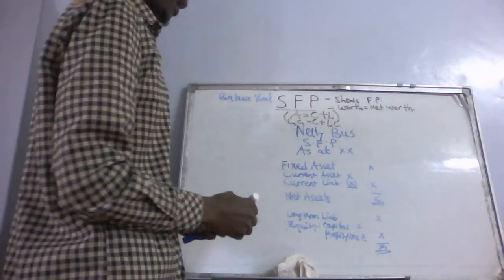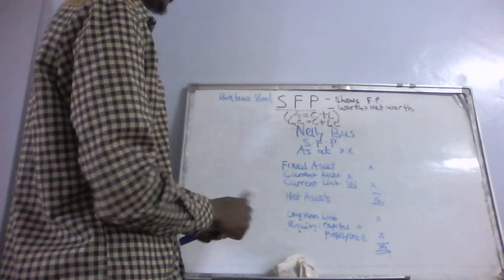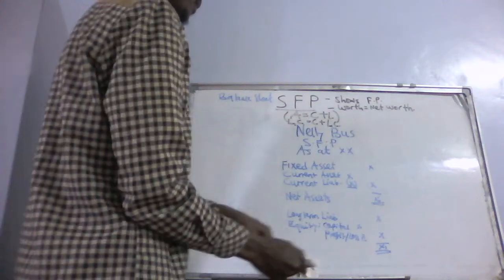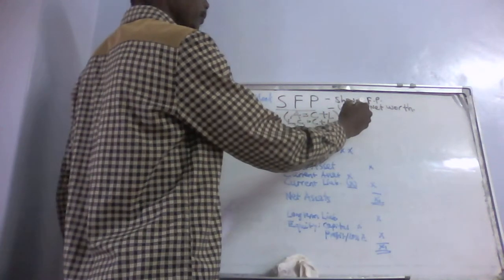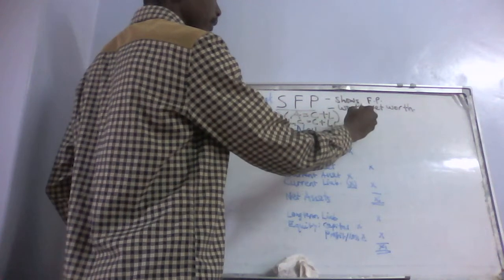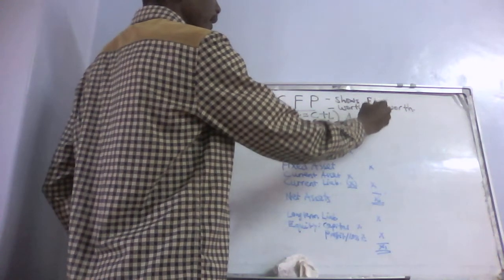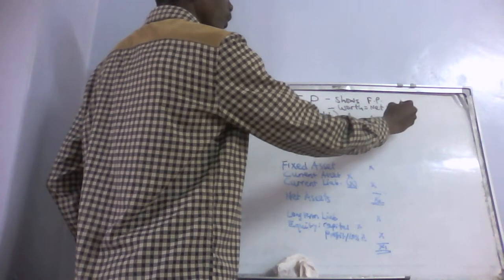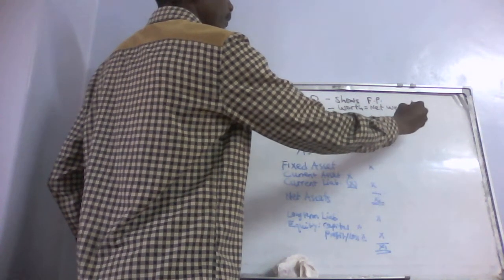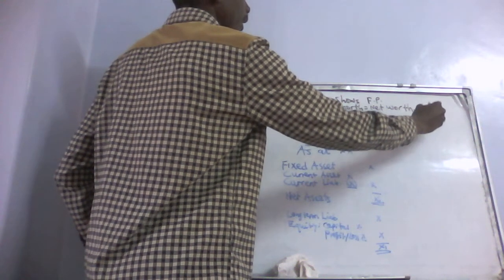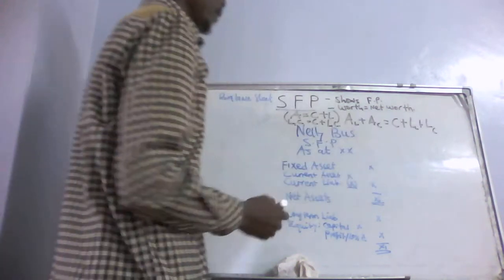If you broaden the algebraic equation, assets will be long-term assets plus current assets equals capital plus long-term liabilities plus current liabilities.